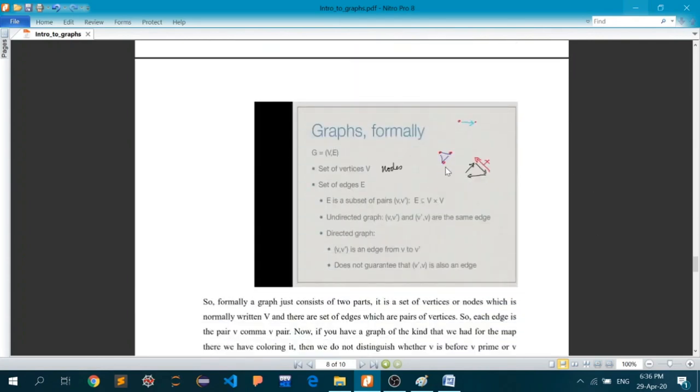Now we will have the formal definition of graphs. As we have already discussed, graphs consist of vertices and edges. We have already seen what the vertices are and what the edges are. We have seen the application of an undirected graph. Early Facebook, I would say, can be seen as an application of an undirected graph, where you can see all the bio and all the photos of your friends, and your friend can do the same.